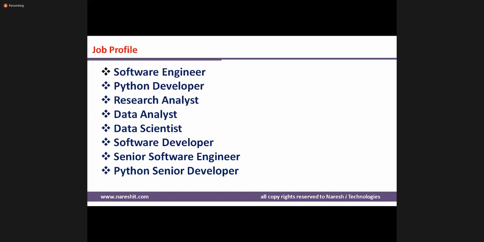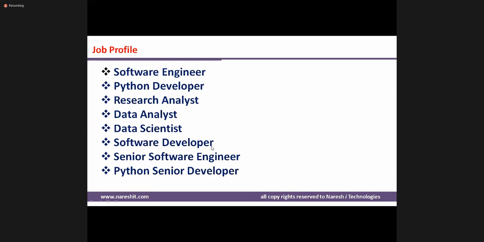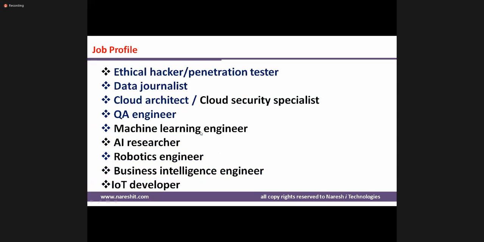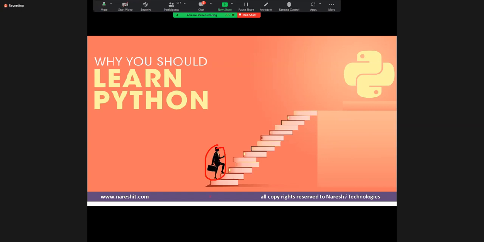This is the job profile. To select any one of the job profiles, we need to have the Python coding language. In the demo sessions only I said what different job profiles there are, these many job profiles where Python coding is compulsory. That's why our journey started from here onwards.